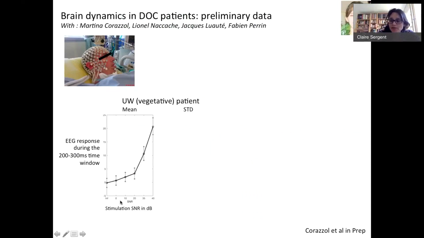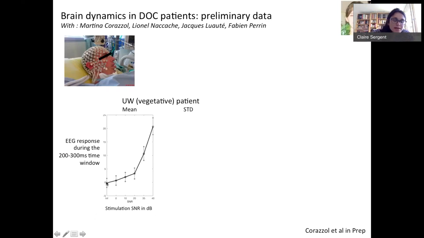One first very interesting observation is that to obtain activations that increase with the stimulation on a large scale, we need to send sounds that are much higher than the sounds we used in healthy controls, around 35 dBs. For controls, we were here, actually. So that's a first observation that is, I think, really interesting.